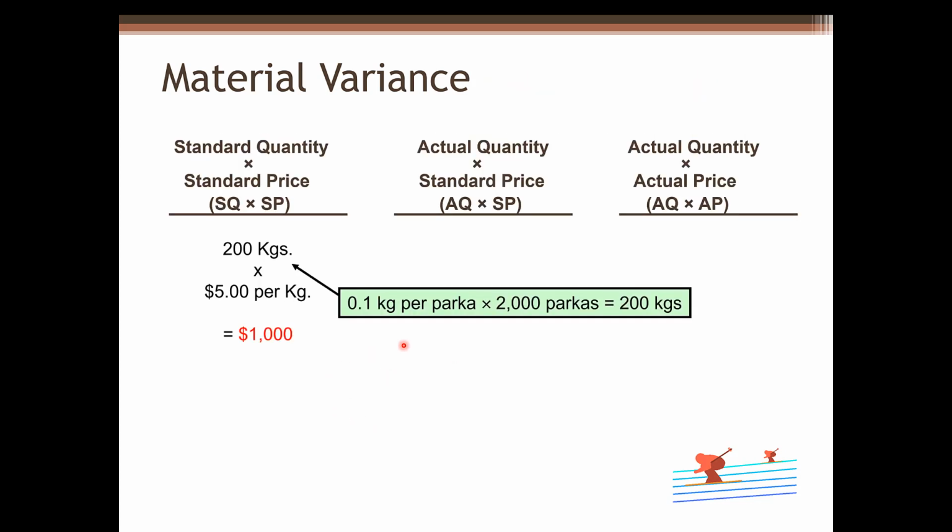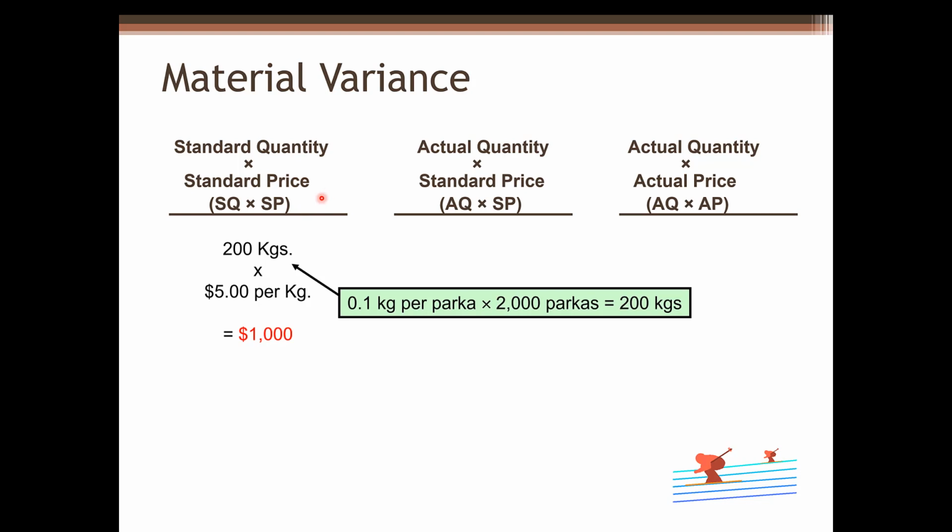Let's apply our general model for variance analysis to this example. Column 1, we use standard quantity times standard price. Keep in mind, standard quantity is allowed for actual output. The company has purchased and used materials to make 2,000 parkas.